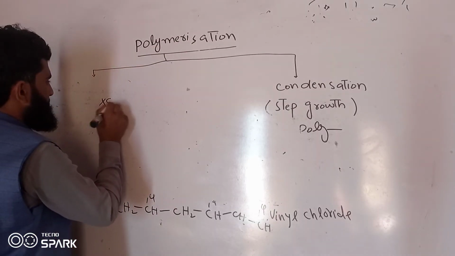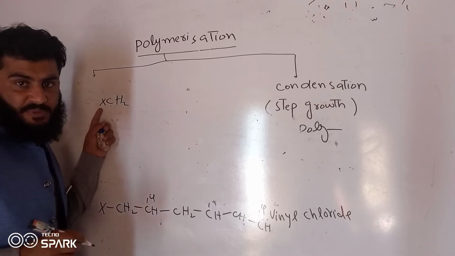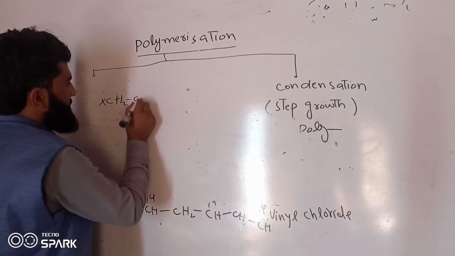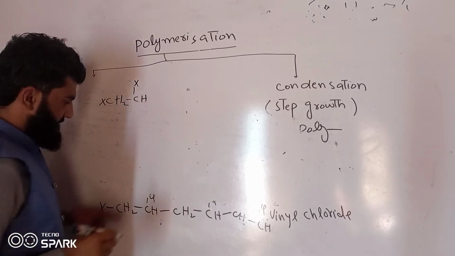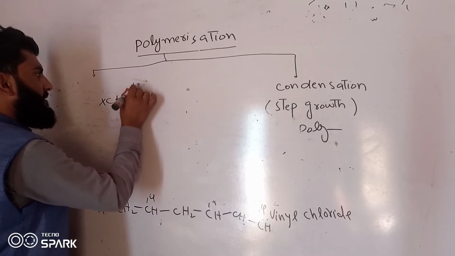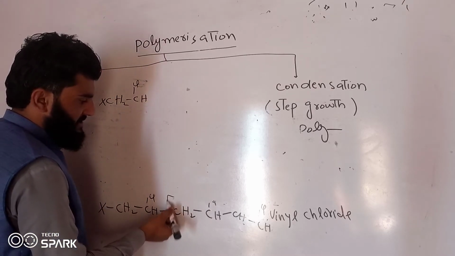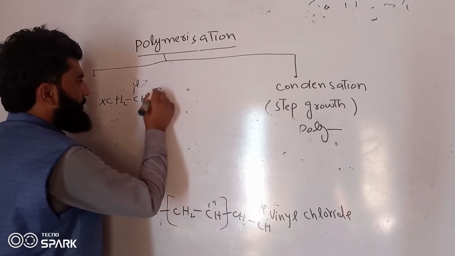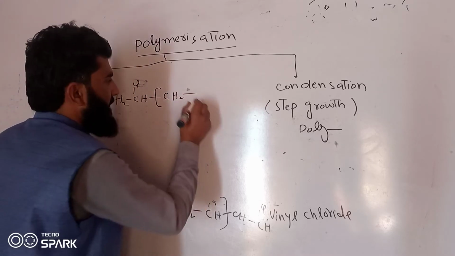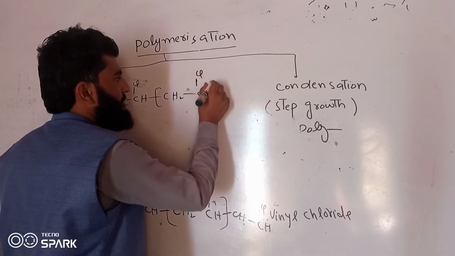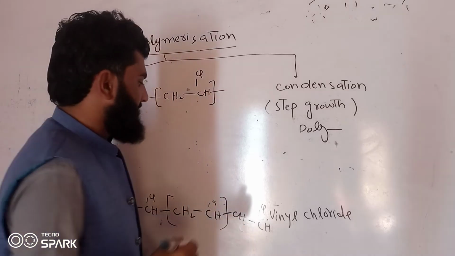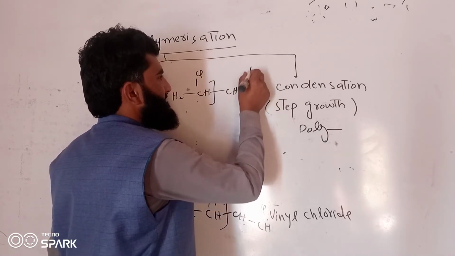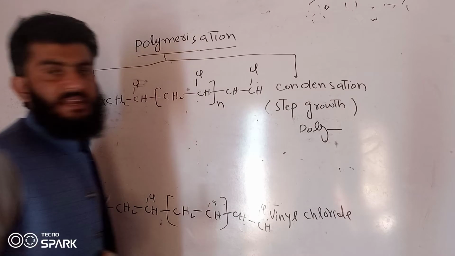X CH2 is the first species which was produced in the initiation step, and CHCl. So this is your repeating unit: CH2 CHCl, and at the other end CH CHCl and a dot.